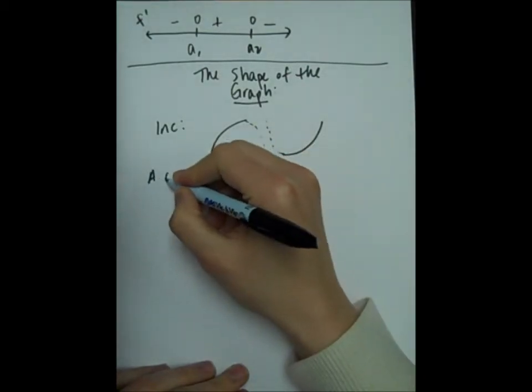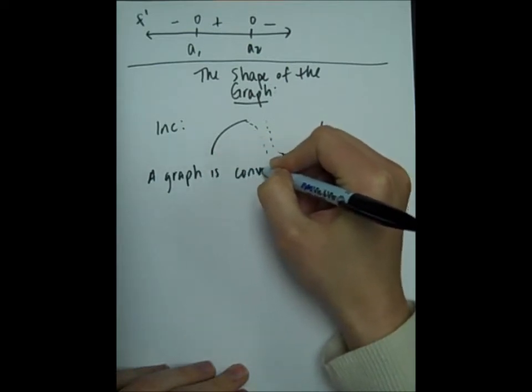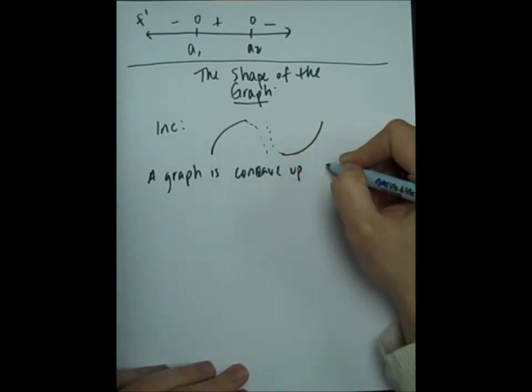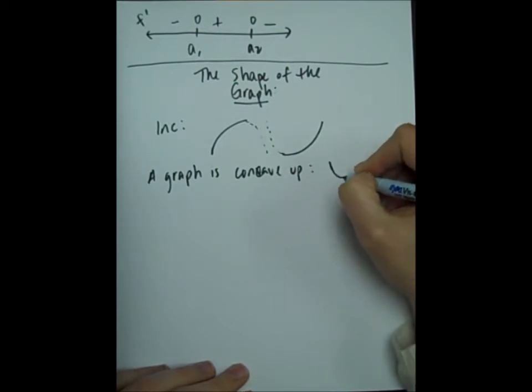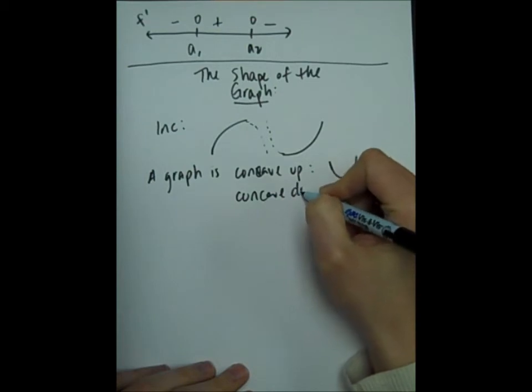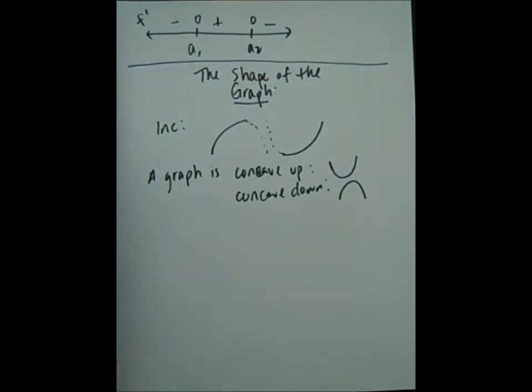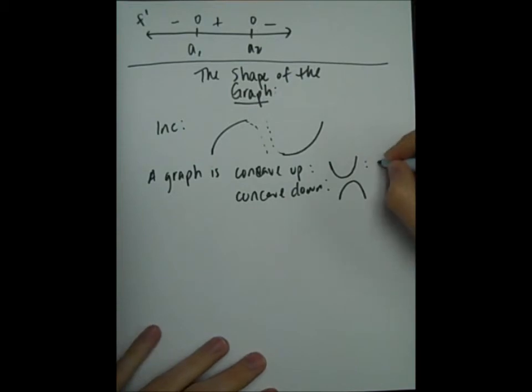So a graph is concave up when it looks like this, and it's concave down when it looks like this. In terms of the derivative, concavity is given by the second derivative. So concave up, that's the same thing as saying that the second derivative is positive. Concave down, the second derivative is negative.